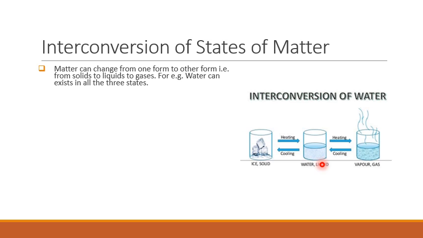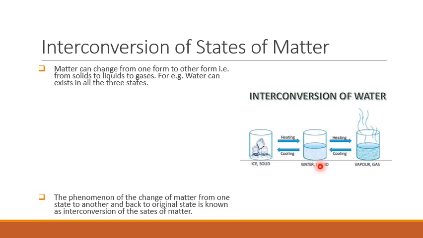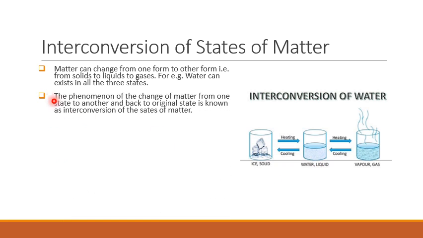So in this way, matter can change its state. This phenomenon of change of matter from one state to another and back to its original state is known as interconversion of states of matter.